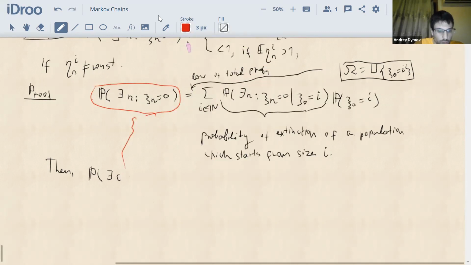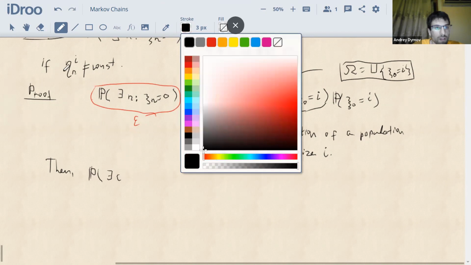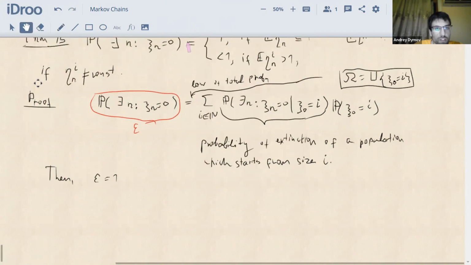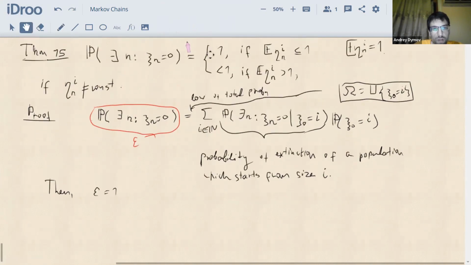To simplify life, I will call it just epsilon. Then in my theorem, I ask the question if epsilon equals 1 or it is strictly less than 1, right?